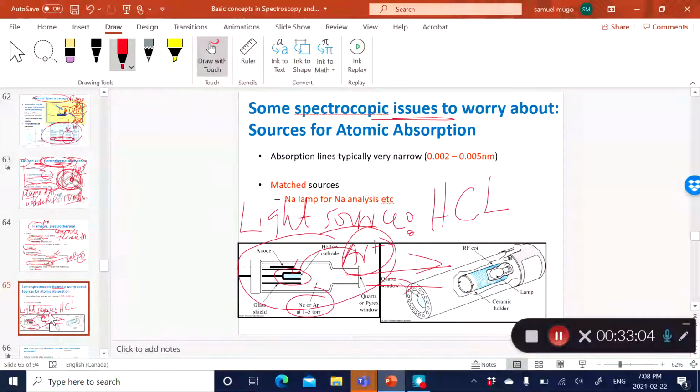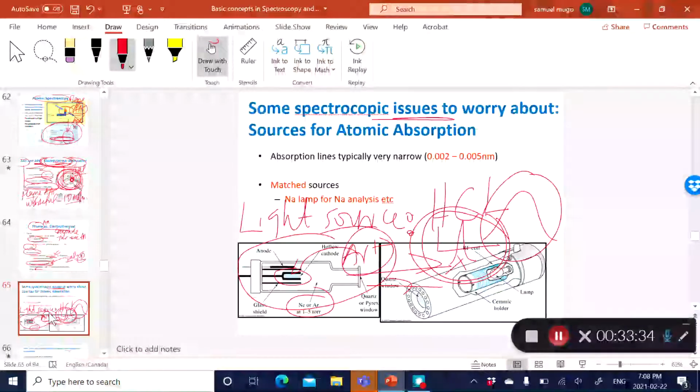The light that you get from a hollow cathode lamp is a line source, meaning it's got a very, very small or well-defined discrete peak at a certain wavelength. Unfortunately, though this is the good thing, as this light transitions into the atomizer, it starts to broaden.